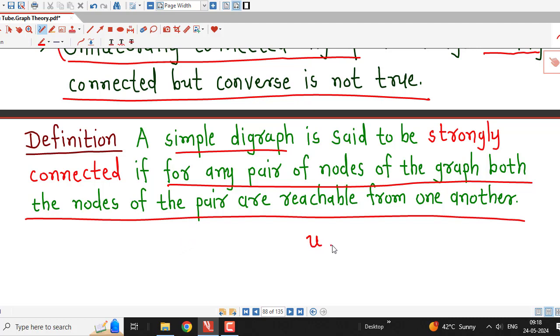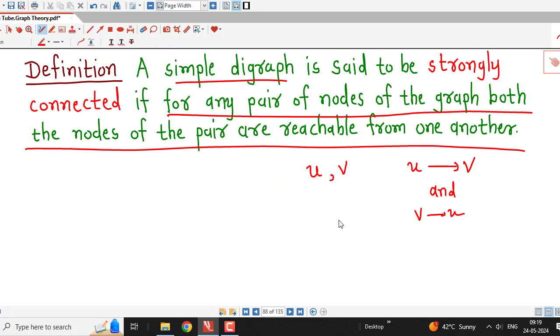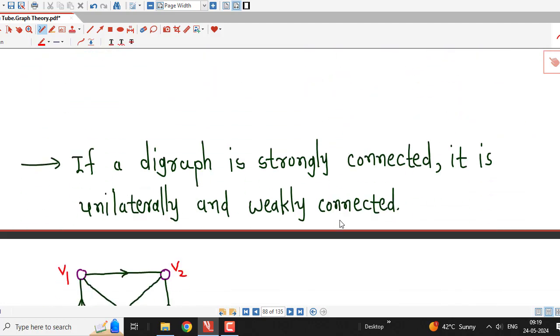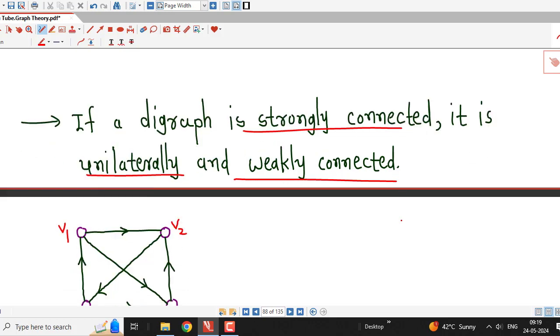In other words, if we take any two nodes from the given graph, then there must be a path from U to V and from V to U. So it is obvious that a strongly connected graph is always unilaterally connected as well as weakly connected. In a digraph, if it is strongly connected, then it is unilaterally and weakly connected.